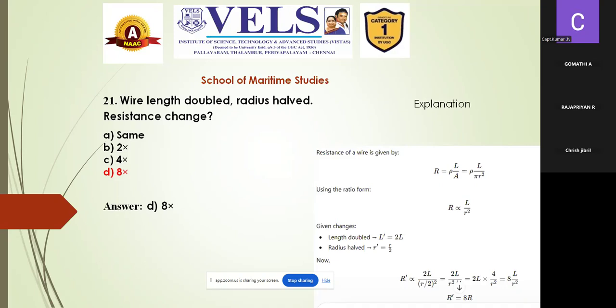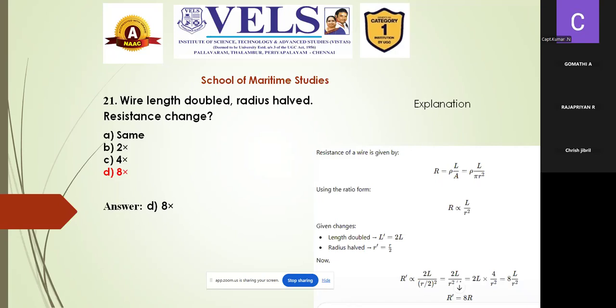The resistance formula is R is equal to rho into L by A. L means length of the wire, A represents the area of the wire, rho represents the resistivity of the wire.